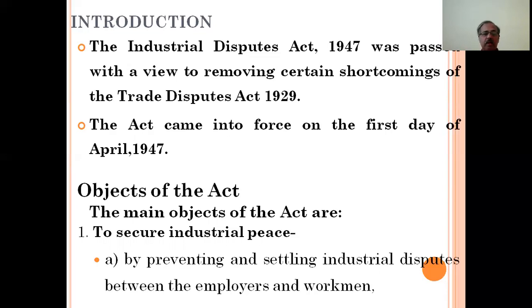1929. The Industrial Disputes Act 1947 came into force on the first day of April 1947.